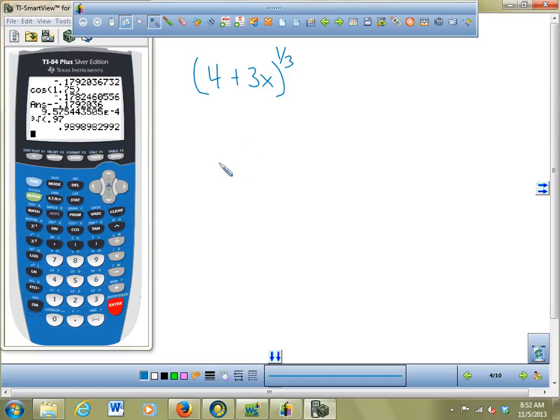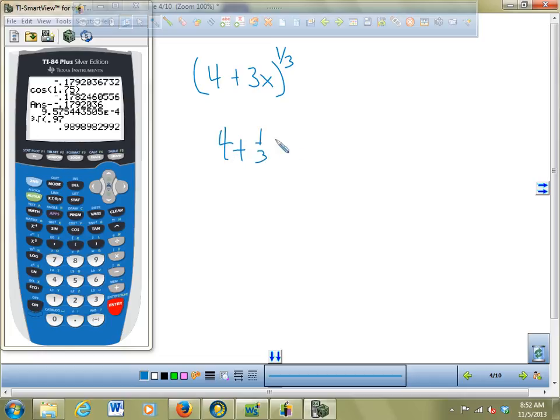So you couldn't just use that 1 plus 1/3. I don't think you could write it as 4 plus 1/3 times 3x. I don't think that works. So you would actually just come up with the derivative and then find the equation of the tangent line.